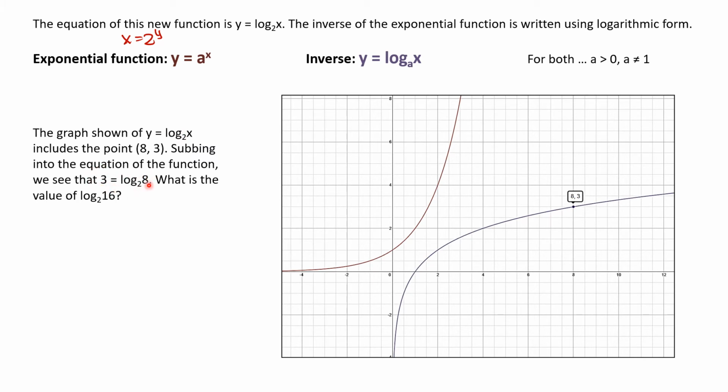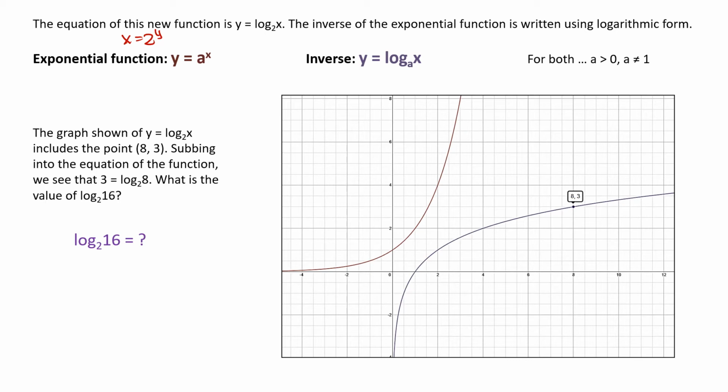So look at what you see here. If log base 2 of 8 equals 3, what do you think log base 2 of 16 is? Do you see a pattern here, how our numbers relate to each other? And hopefully some of you are shouting the right answer at your computers right now. You know what it is. You're saying it's 4. It is 4.